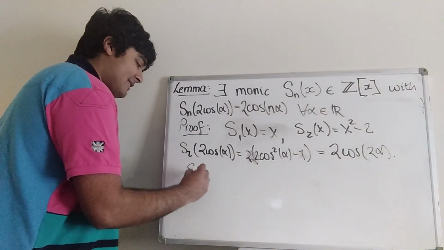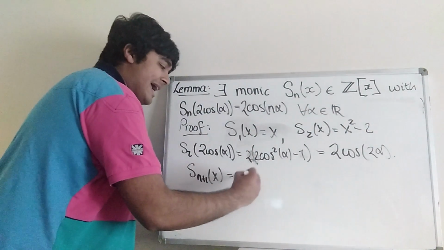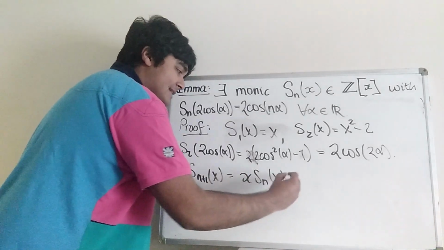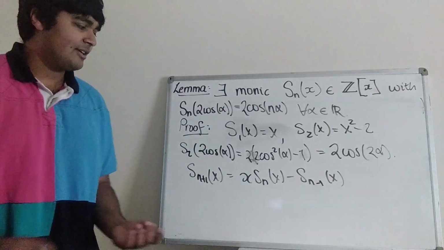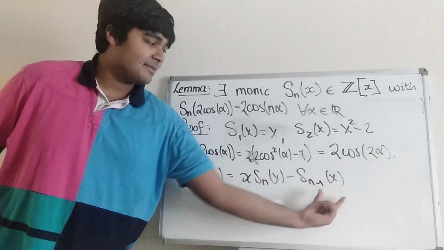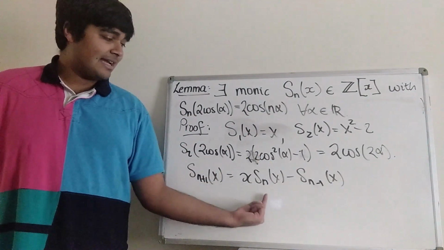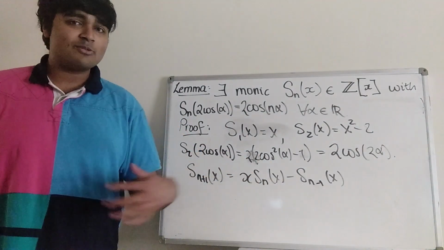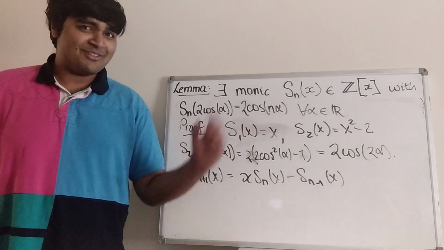So I'm going to claim that this works, Sn plus 1 of x just being equal to x times Sn of x minus Sn minus 1 of x, like so. So firstly, it's clearly a polynomial because this is a polynomial, this is a polynomial, and I'm just multiplying by x. It also has integer coefficients, because this does, and again, multiplying by x doesn't change the fact that you've got integer coefficients.